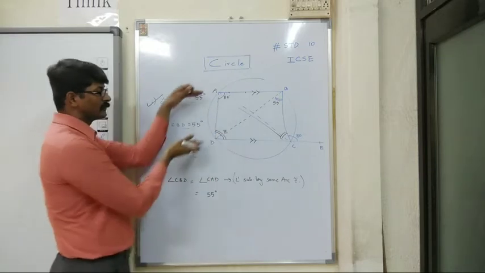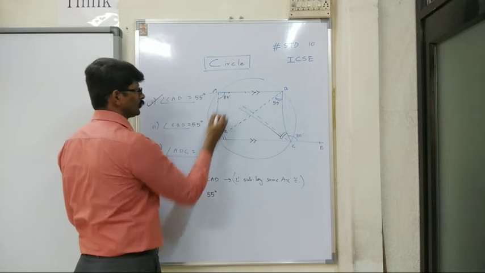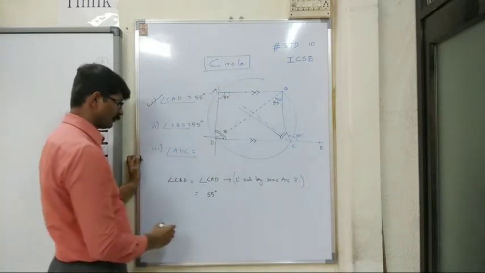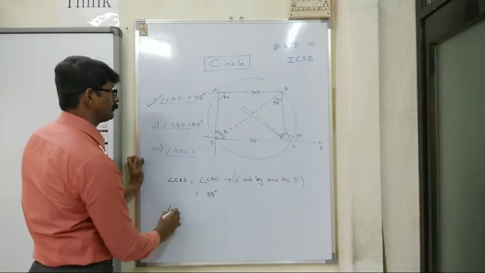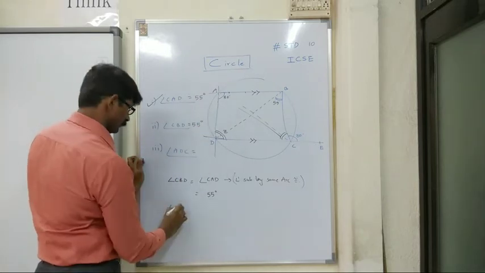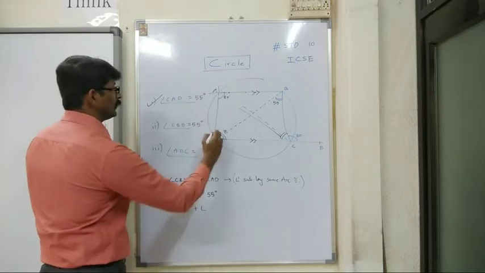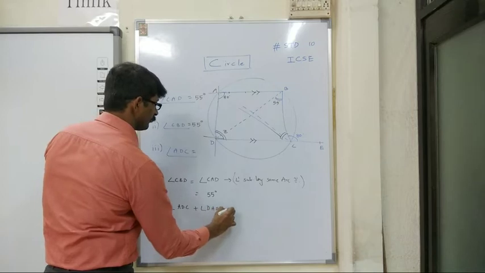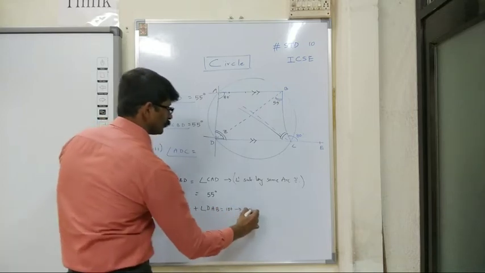It is going to add up to 180 degrees, because when these two lines are parallel, co-interior angles are supplementary. So angle ADC plus angle DAB is supposed to be 180 degrees. Why? Co-interior.